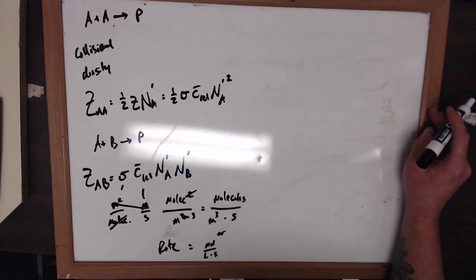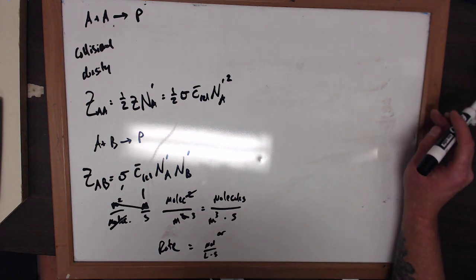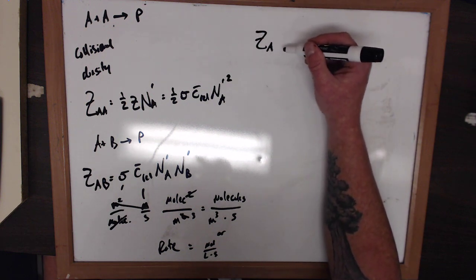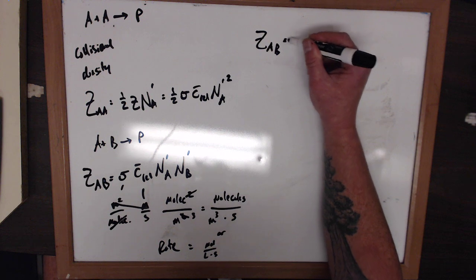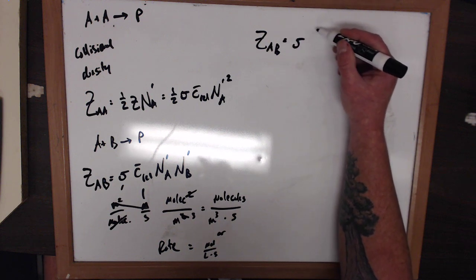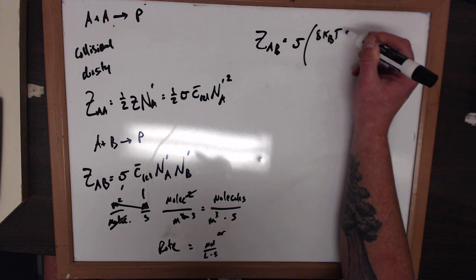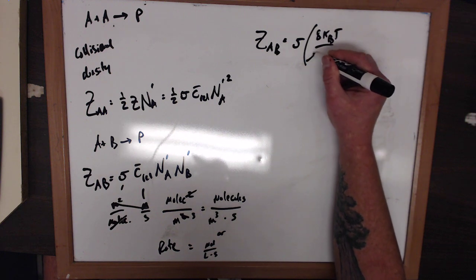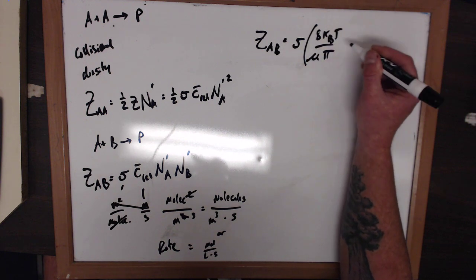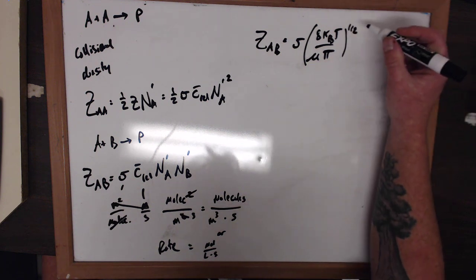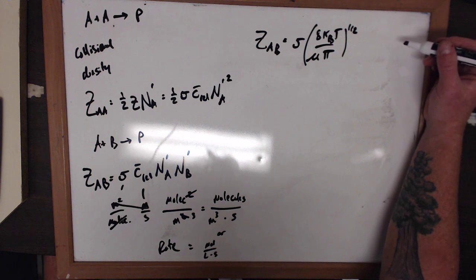And so now if we expand those expressions, we can now write the absolute collisional density, which is the same as the reaction rate, as sigma, and I'll put in the full numbers here, 8 kBT over mu times pi, all to the 1/2. And now that's going for AB.